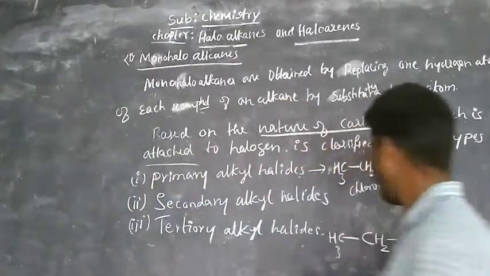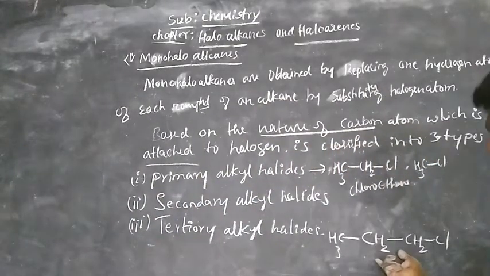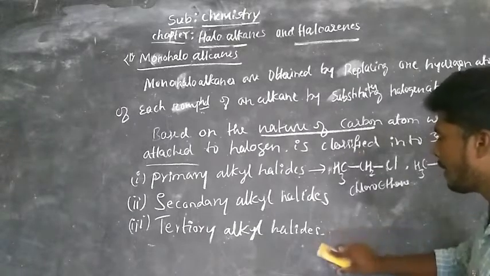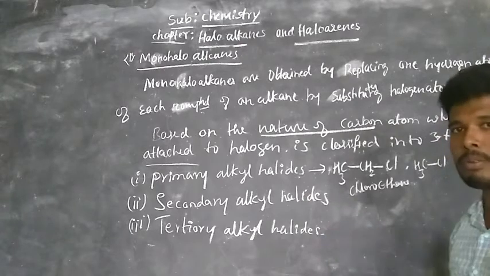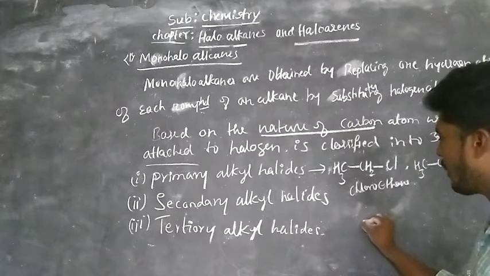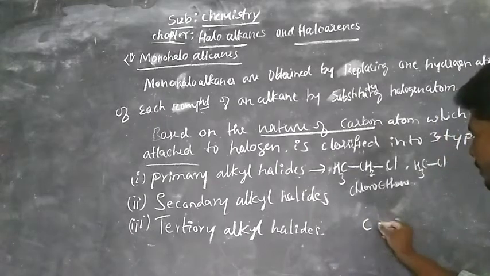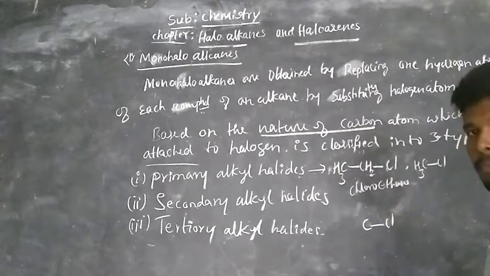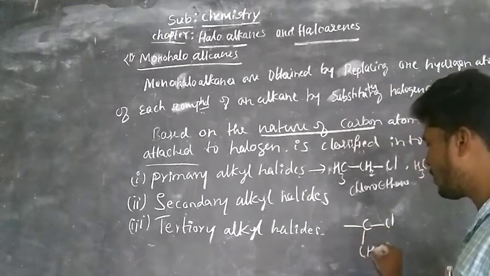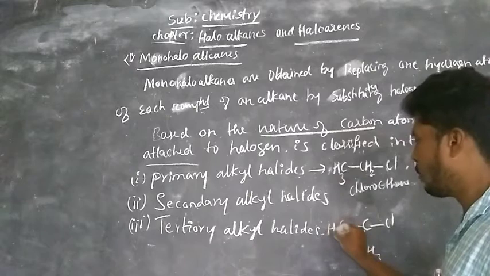Now for example, observe, this halogen is attached to the secondary carbon. We are taking a carbon connected to the chlorine atom, and this carbon is interlinked to two carbon atoms, CH3 and CH3.